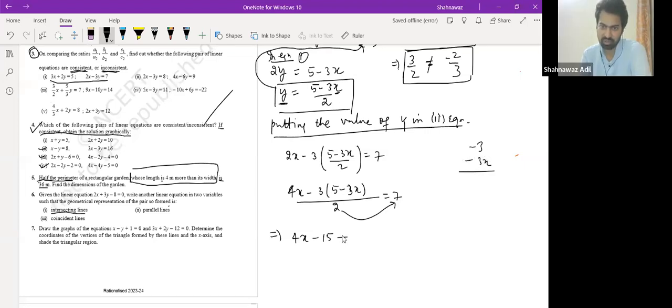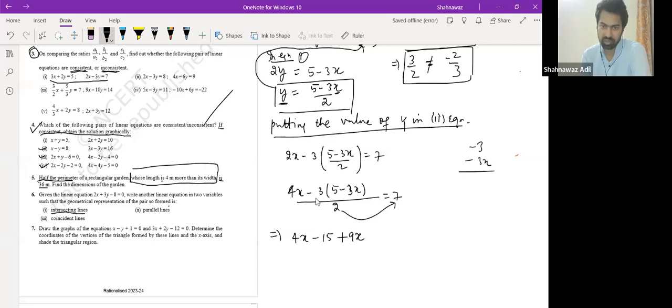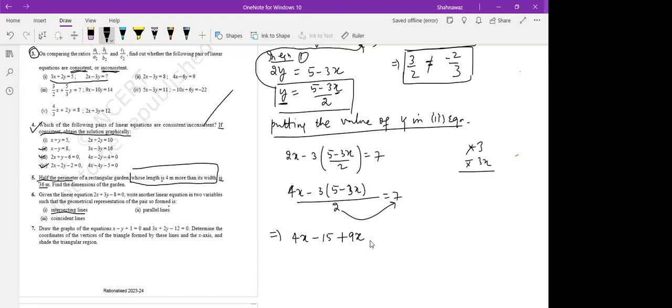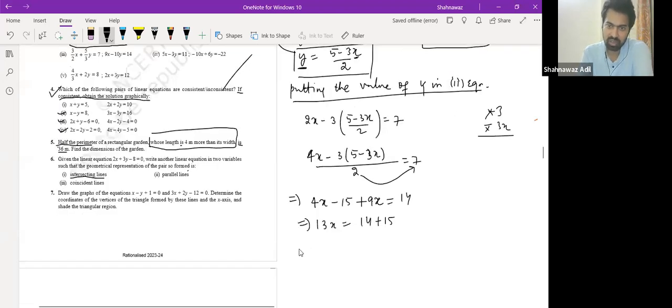The minus and minus cancel, and we have 3 into 3, 9x. Right, Amma? Yes, sir. So 9 plus 4 is 13, and this is equal to 14 plus 15. So this would give us 13x is 29. So x is 29 by 13.